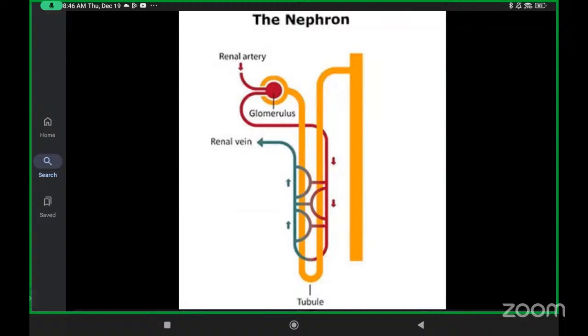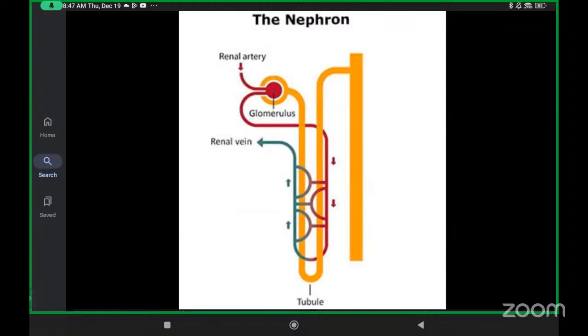It's a tiny cluster of blood vessels which acts as a sieve. So it holds back the larger molecules like protein and blood cells. The rest of it passes on and then goes through the tubule. This is the second part of the nephron structure.